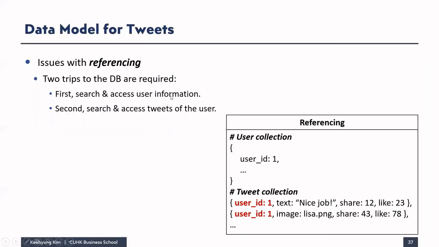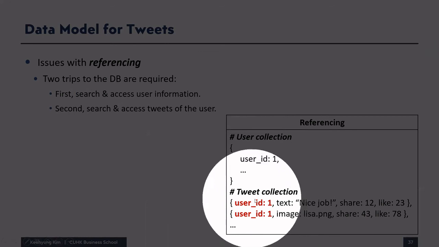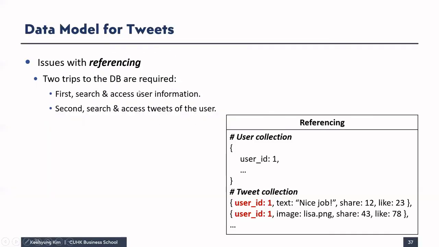And then we have to search for the recent tweets made by this user. So we also have to scan the tweet collection and find the tweets written by this user, and show that to the user. So basically we have to design two queries in this case, and send two requests to the database.